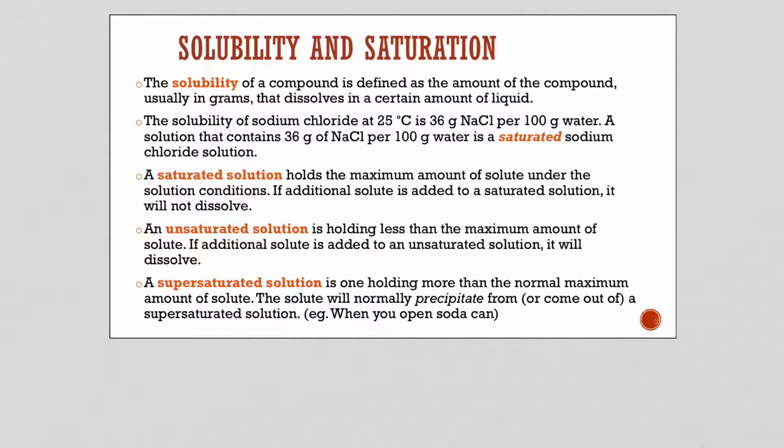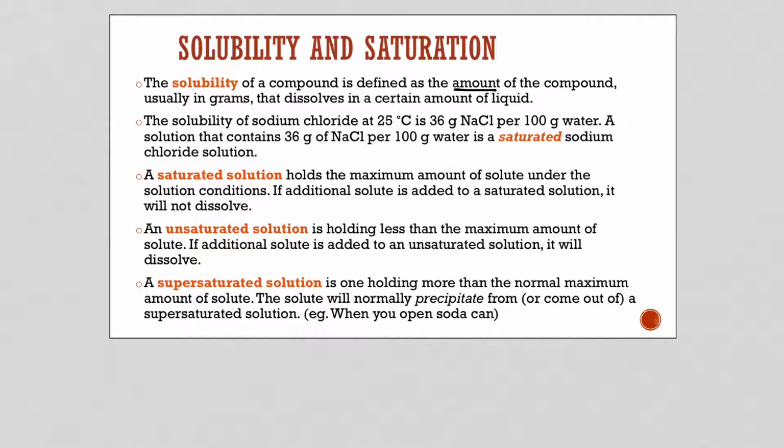So again, now that we've seen the overall picture, let's put some vocabulary with it. When we use the term solubility, we throw that word around. We say that this is the solubility of this and this is that. Well, solubility is defined technically as the amount of a compound, usually in grams, that dissolves in a certain amount of liquid, our solvent.